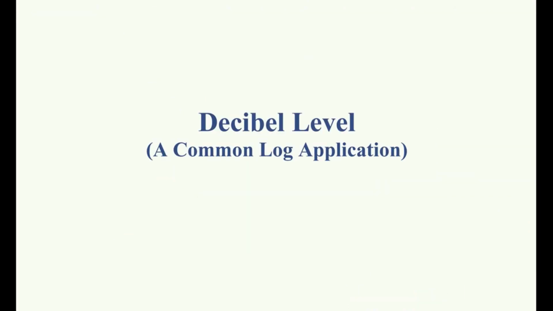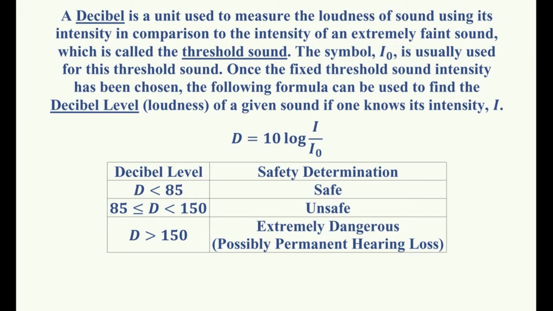Okay, another handy application of common logarithms is the decibel level. You may have heard of it. A decibel is a unit used to measure the loudness of sound. And in order to be able to compute it, we need the intensity of a very faint sound, which we choose. We call it the threshold sound. So we compute the intensity of a very faint sound.